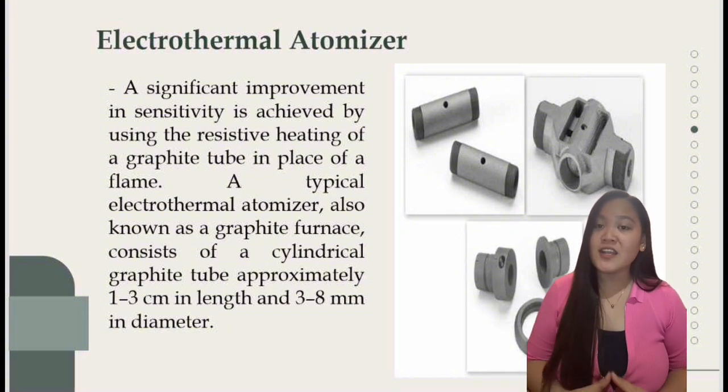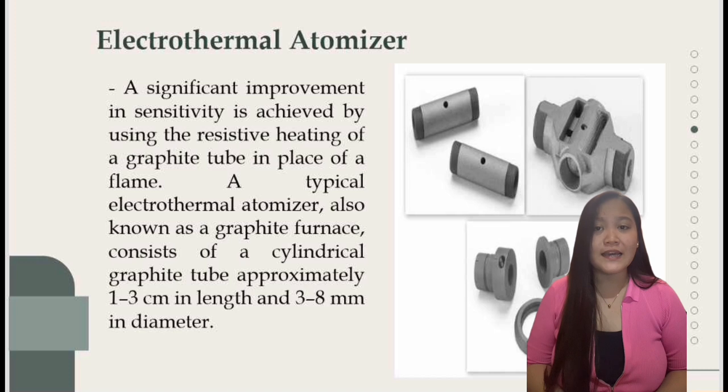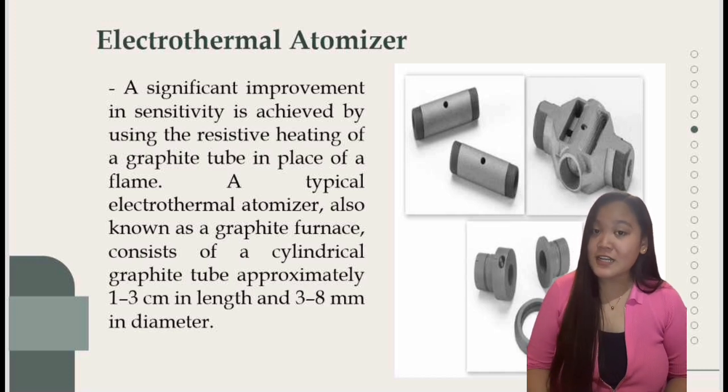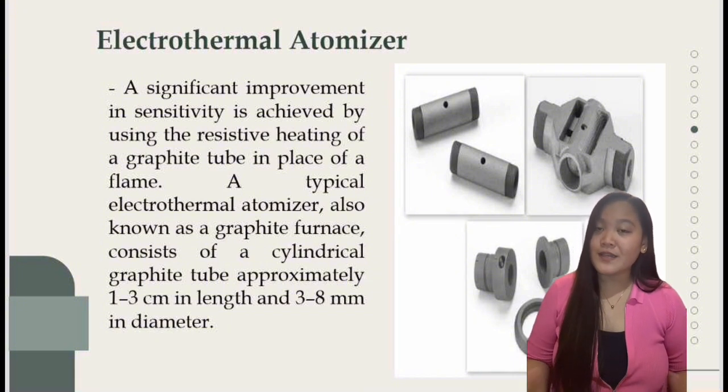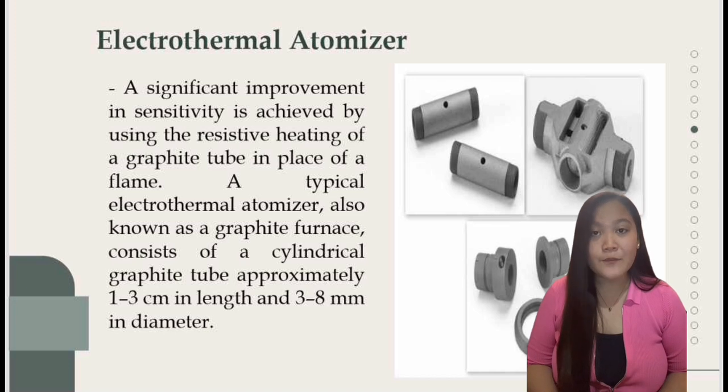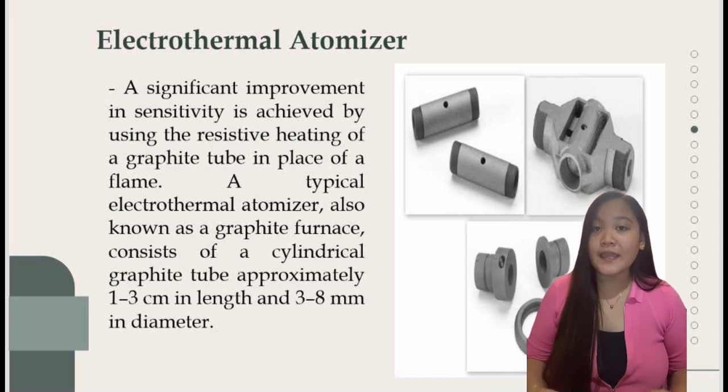So imagine you have a tiny sample like a drop of blood that you want to analyze to see what metals are in it and how much of each metal there is. An electrothermal atomizer helps turn that liquid sample into a vapor cloud made up of individual atoms. So here's the key difference from other methods.